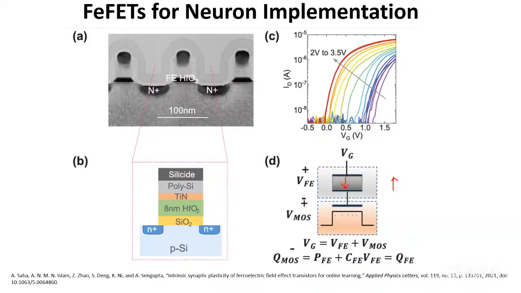One of the important things to note is that this structure also has memory, because you have a ferroelectric, and a ferroelectric can be polarized in either the up direction or the down direction. So you can store the data, and also you can perform logic, because this is an NMOS transistor, which can also perform logical operations.